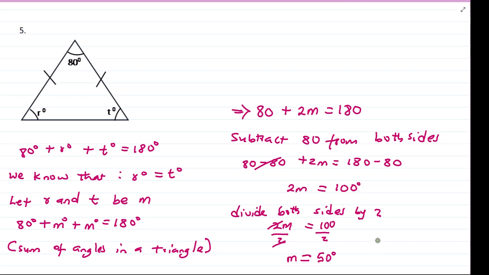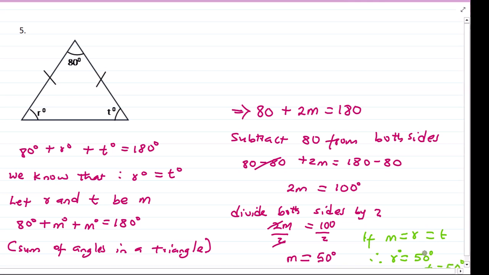So if m is equal to 50 degrees, let's say if m is equal to r and also equal to t, therefore r is equal to what? 50 degrees, and then t is also equal to 50 degrees. So it simply means that m is equal to 50 degrees, r is equal to 50 degrees, and then t as well is equal to what? 50 degrees.